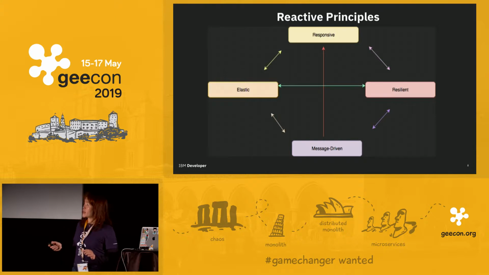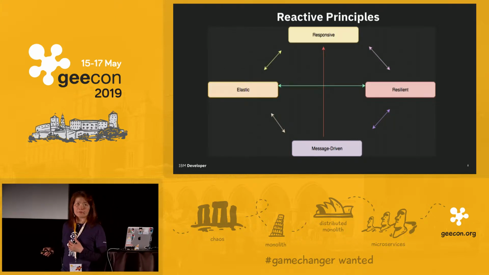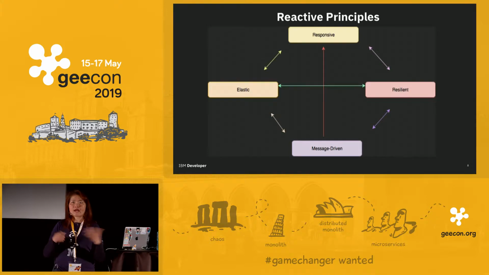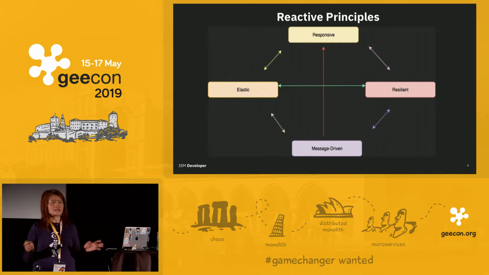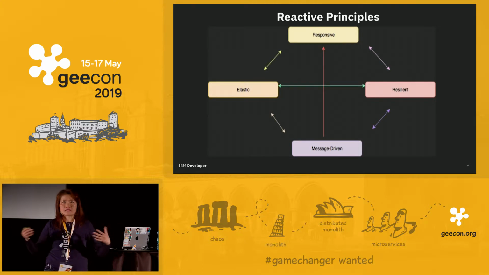Another very important thing in reactive systems is the message-driven capability. Message-driven is essentially the enabler, because in reactive systems we're talking about asynchronous communication of many different components that are all running by themselves, or in a microservices environment, for example.